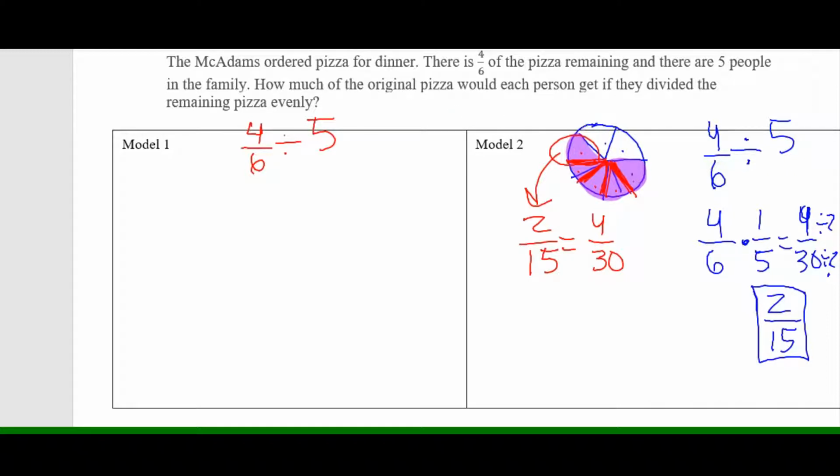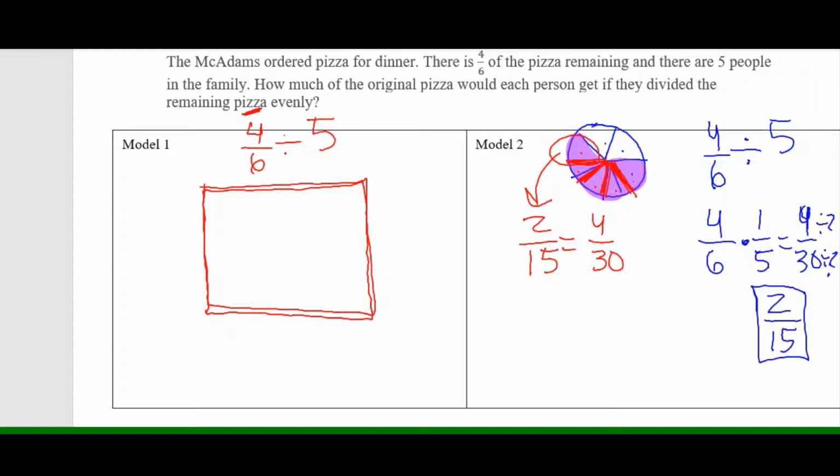So we're going to start with one whole rectangle. Since we're showing division, we want to start with the dividend, and in this case the dividend is 4/6, everything that we have. So we need to start with a whole, and then we need to start with 4/6.